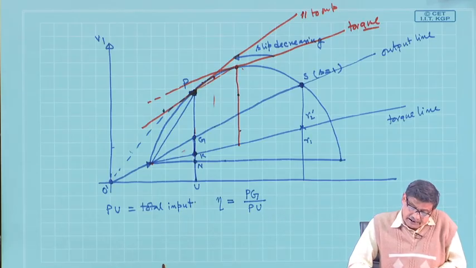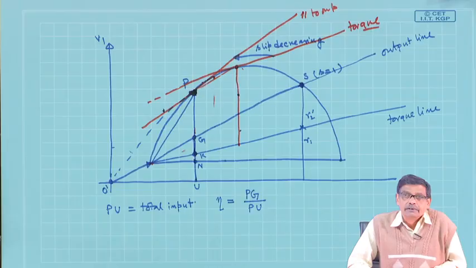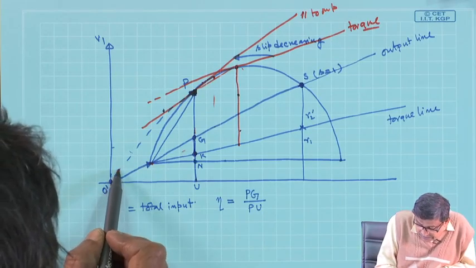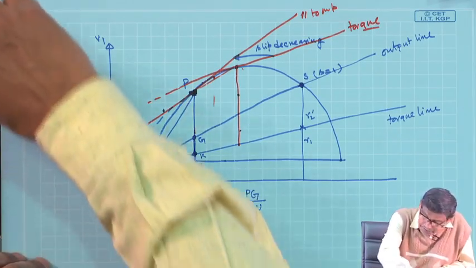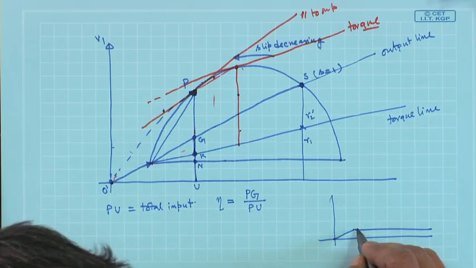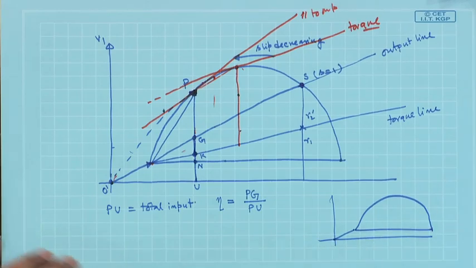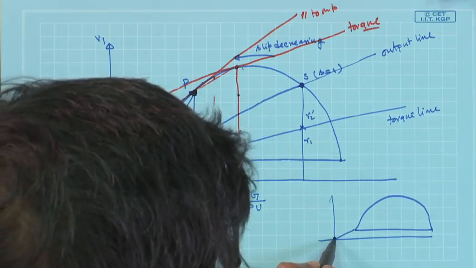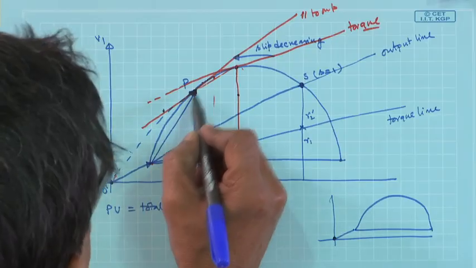If somebody says what will be the operating point when the power factor at which the motor is operating is maximum, then what he has to do is draw a tangent. I better draw it in a small version. If somebody says find out the slip or operating point such that the power factor is maximum, what he will simply do: the total current drawn from the supply is this dotted line.